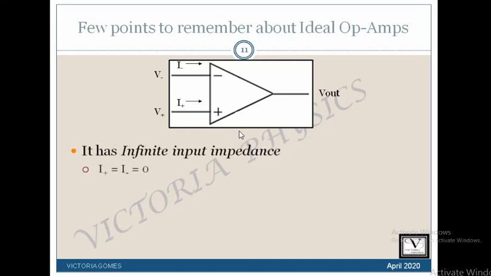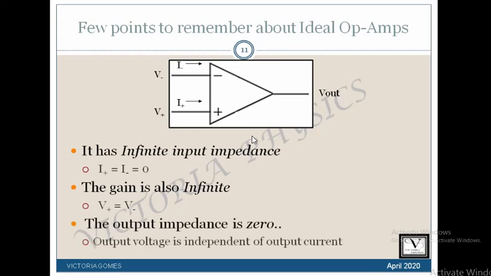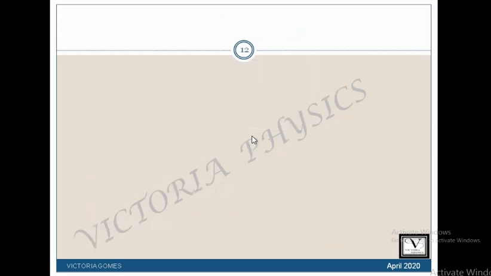Since the input impedance is infinite, as I just said, we get I plus and I minus to be equal to 0. Also, as the gain is infinite, the voltages at these terminals would also be equal. Finally, as the output impedance is 0, you should remember that the output voltage must be independent of the output current.